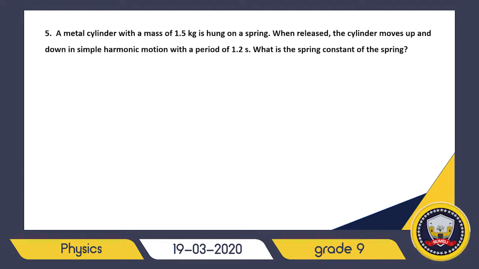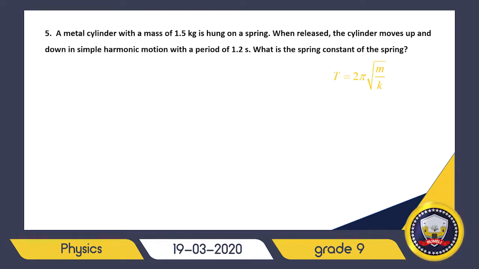Another example. A metal cylinder with a mass of 1.5 kilogram is hung on a spring. When released, the cylinder moves up and down in simple harmonic motion with a period of 1.2 seconds. What is the spring constant of the spring? Here again we have the mass and period and are asking about k. We use the same formula, T equal to 2 pi square root m over k.